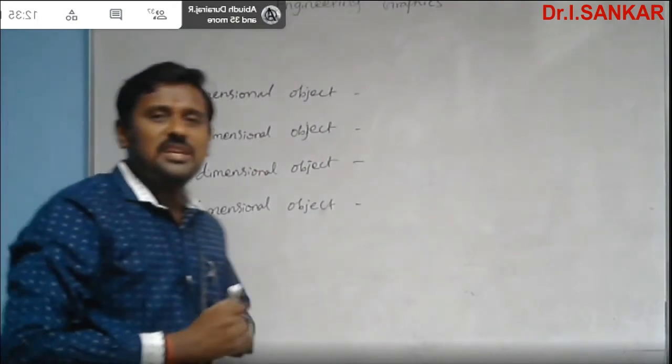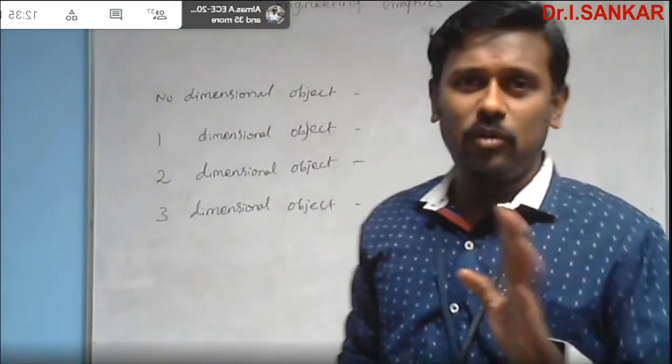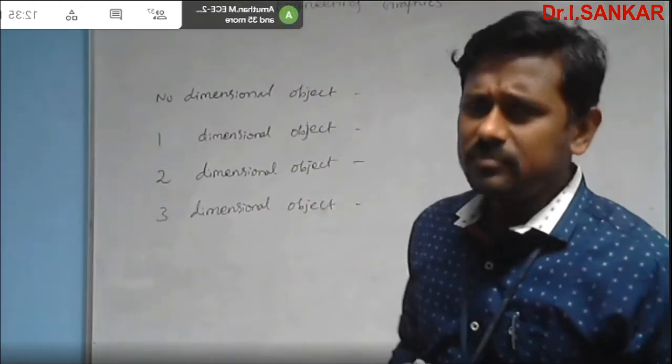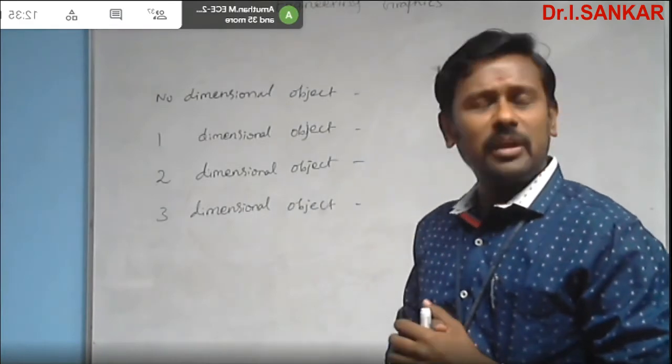So objects here we grouped in 4 points: no dimension, 1 dimension, 2 dimension and 3 dimension. So in that, what is actually no dimension?